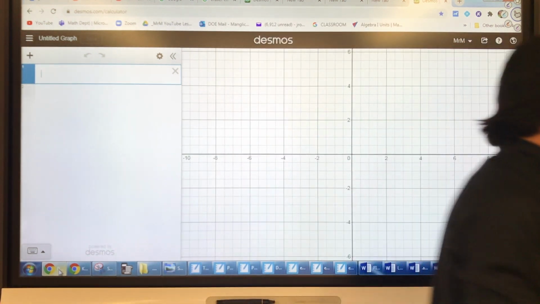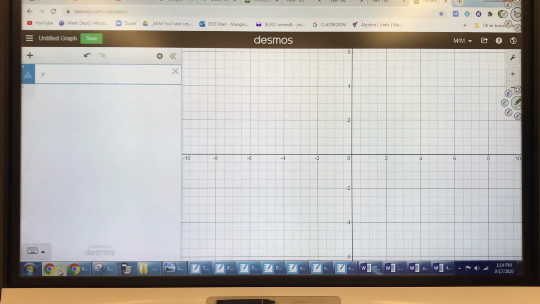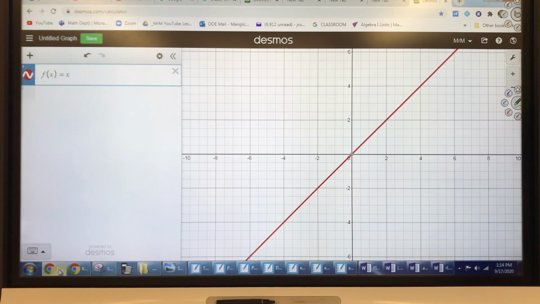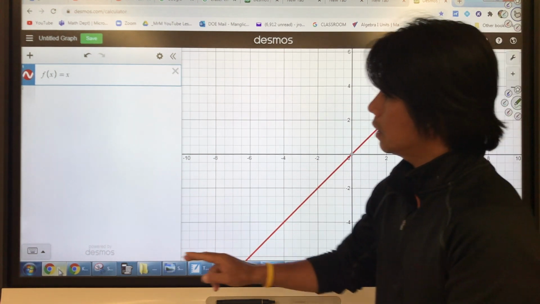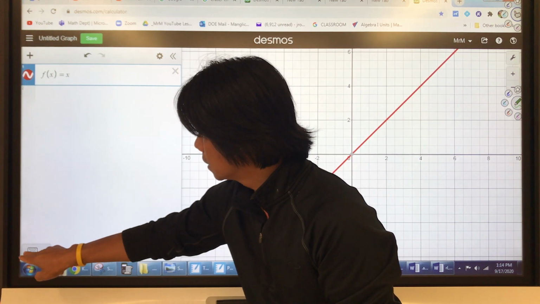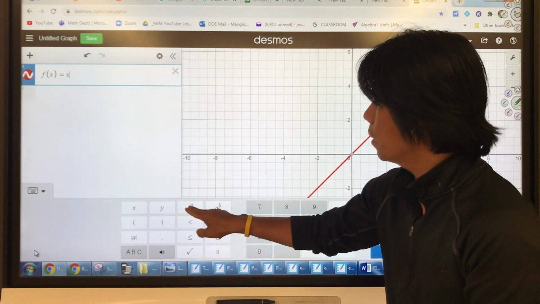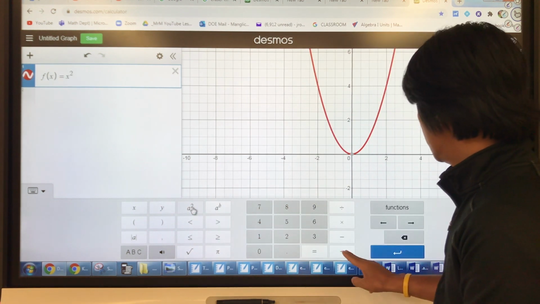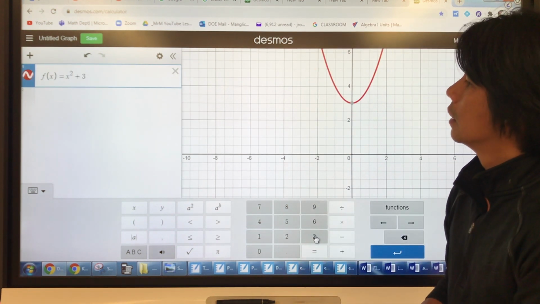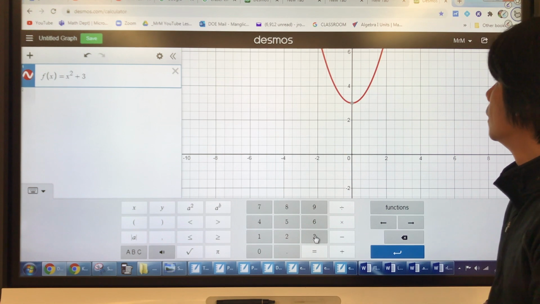You just simply type y equals, or if you want f of x equals x to the second power. Now, how to do the second power is you need to click this. This is your keypad. X squared plus 3.